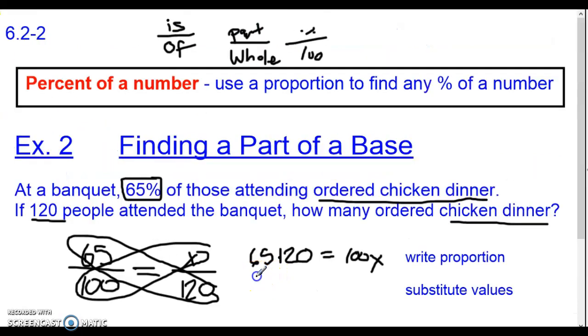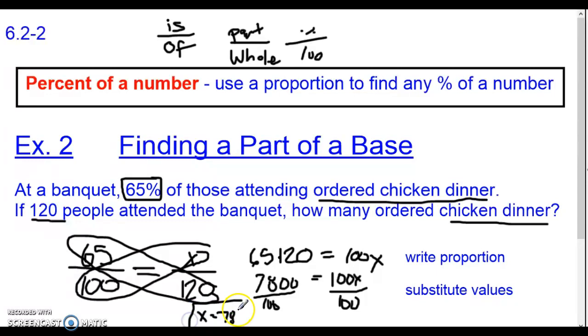And 65 times 120 equals 7,800 equals 100x. So now in order to isolate my variable, it is being multiplied by 100, so the inverse operation would be division, so I'm going to divide by 100 on both sides. And that would give me x equals 78.